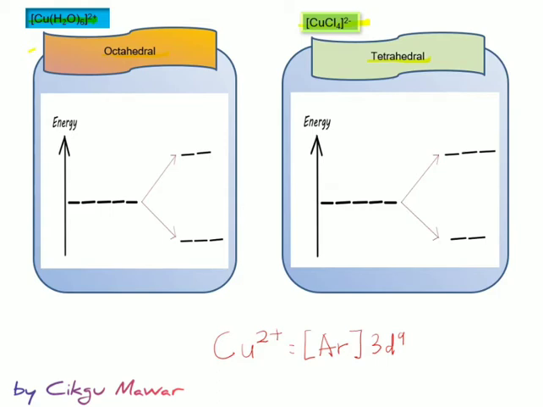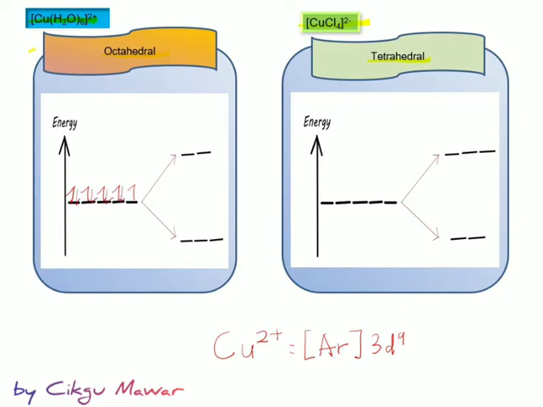We must fill up all the electrons in the degenerate orbitals, before the presence of ligand. It has 9 electrons, so we just put the electrons here: 1, 2, 3, 4, 5, 6, 7, 8, and 9.